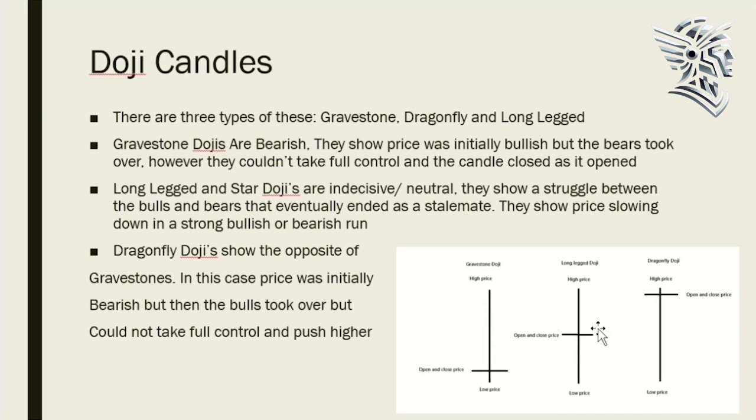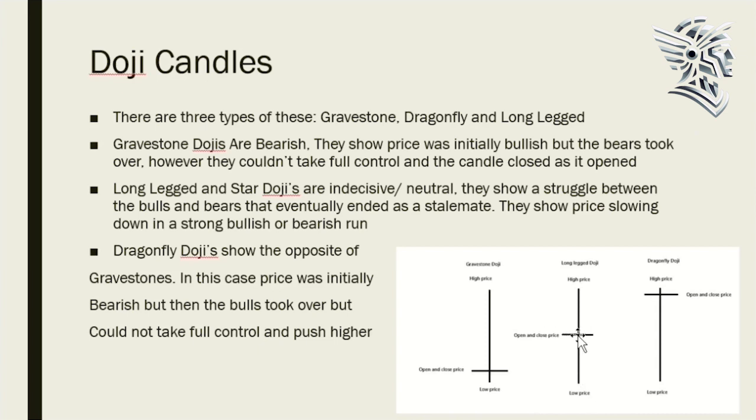Here's a long-legged doji. It's indecisive or neutral. They show a struggle between the bulls and bears that eventually ended as a stalemate, and they show price slowing down in a strong bullish or bearish run. So you have your opening price here. Price has maybe moved upwards to this level, looking bullish, and then come all the way back down to this level, looking really bearish, and then come straight back up to close here.